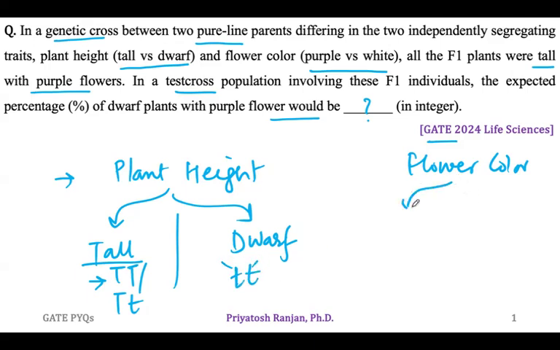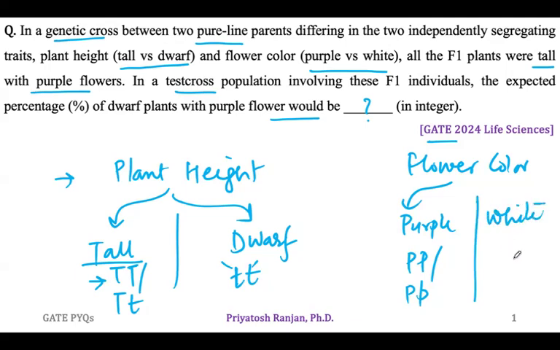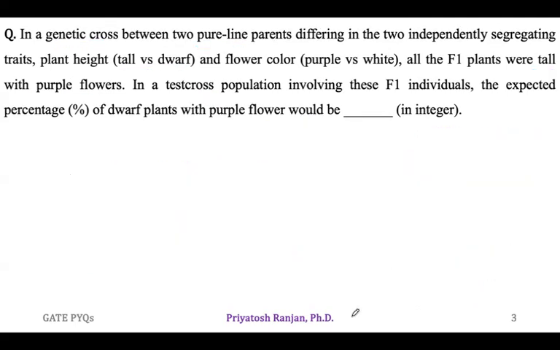Similarly, for the flower color, purple is dominant, which we can represent with capital P capital P or capital P small p. The other trait is white flower, which I can represent with small p, small p. So keeping all this information, it says cross between two pure line parents.